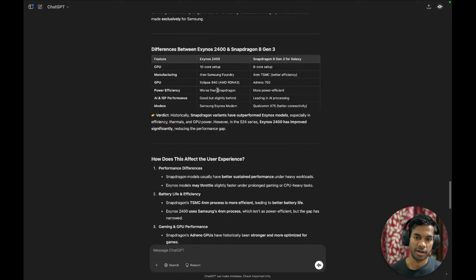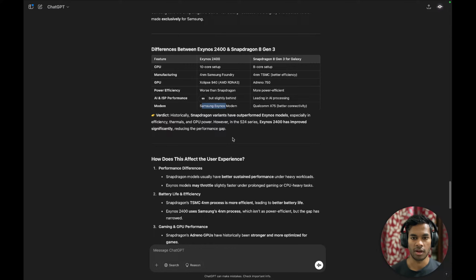TSMC, Taiwan Semiconductor Manufacturing Company, gives better efficiency. In GPU, the Exynos has AMD RDNA-based graphics, and the Snapdragon has the Adreno 750 GPU. Power efficiency: Exynos is worse, Snapdragon is more power efficient. AI and ISP performance is good but slightly behind, while Snapdragon leads in AI processing.